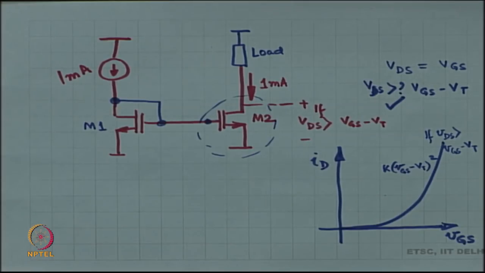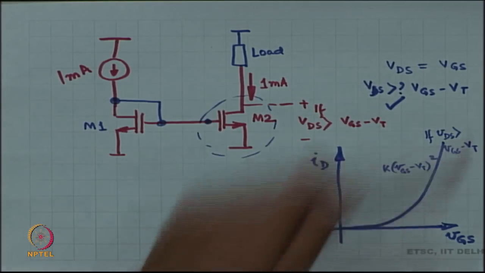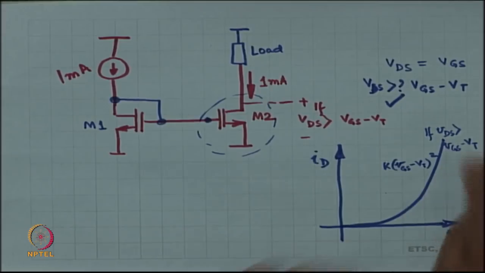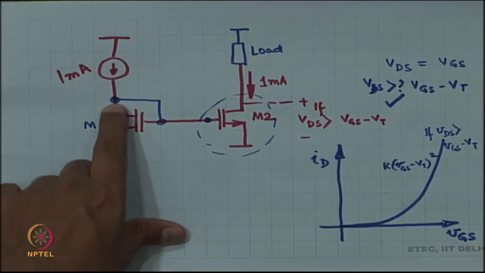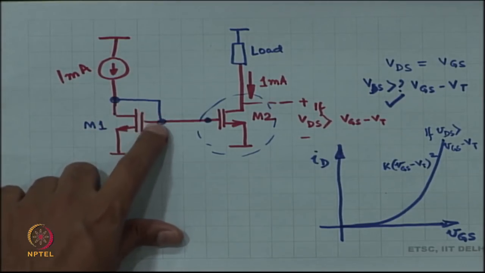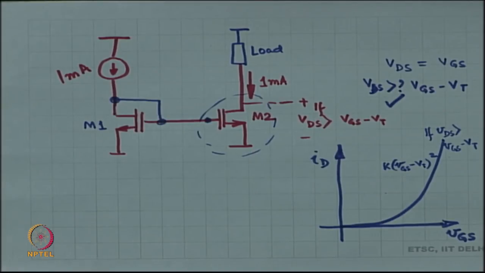Fine. That is this curve, parabola. Okay. Now, this curve is valid in saturation. I push 1 milliampere through the device and I make sure that VGS is equal to VDS, which means the device is in saturation, right. The device is guaranteed to be in saturation whatever value it is, because VDS is always equal to VGS for M1, guaranteed to be in saturation.